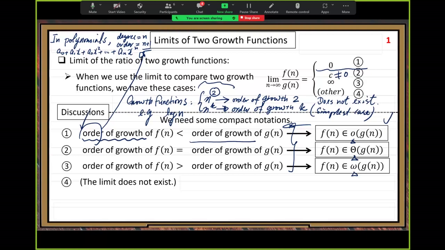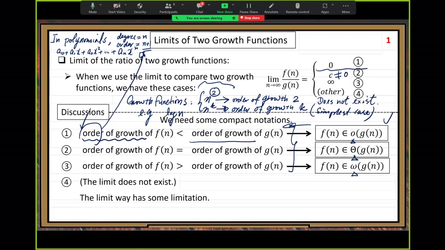Later I will give you the rigorous definition of some of the asymptotic notations. There are several, but I only give you definitions for three of them.